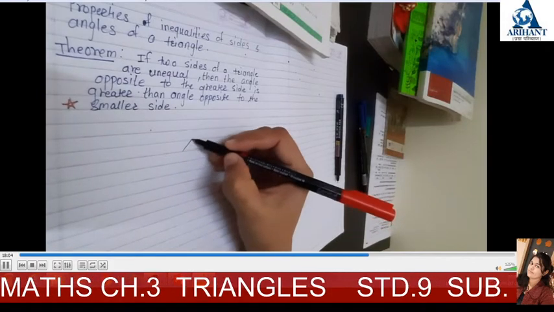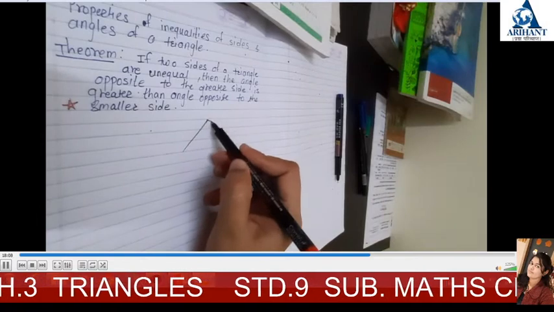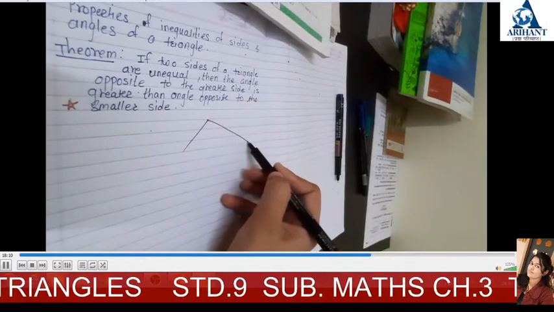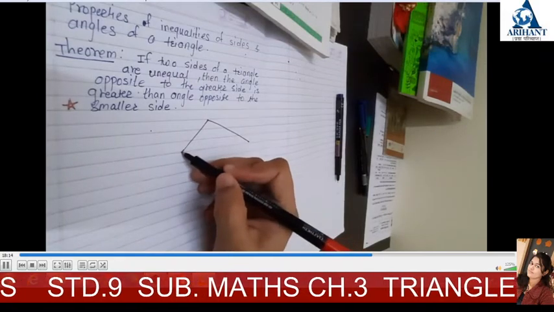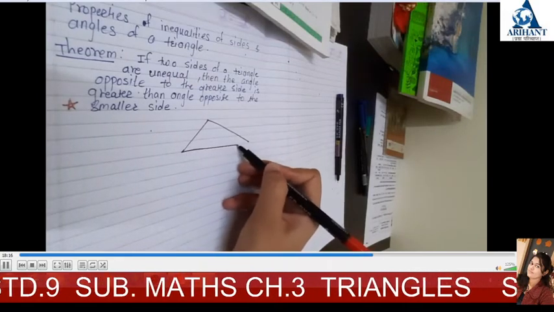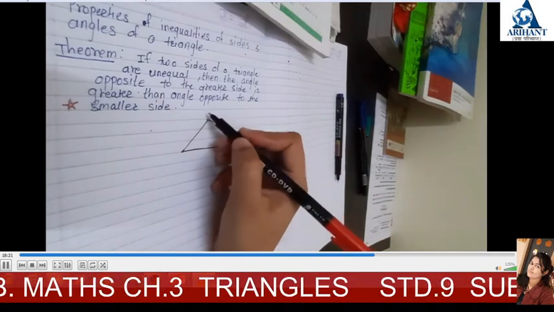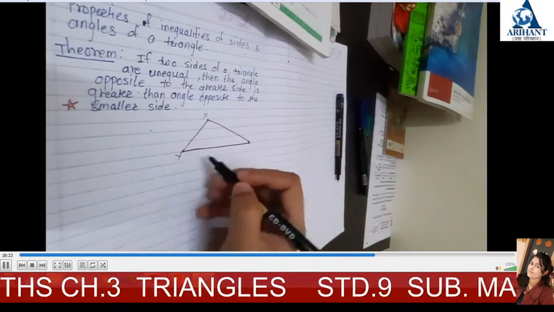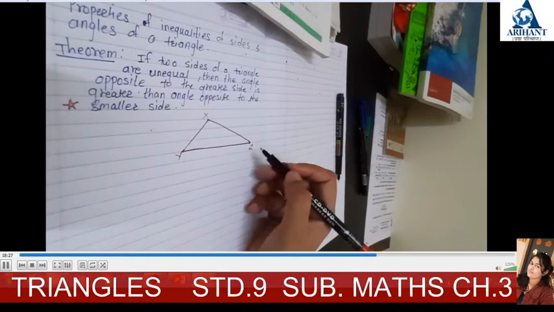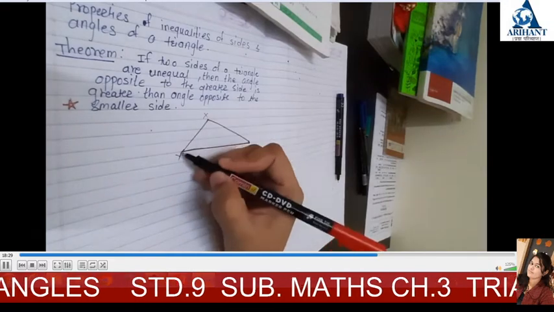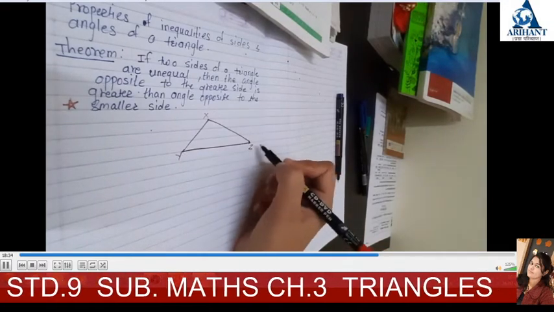One side is a little smaller than the other. This is triangle XYZ, in which XY is smaller than XZ.